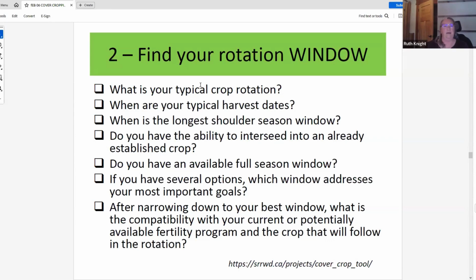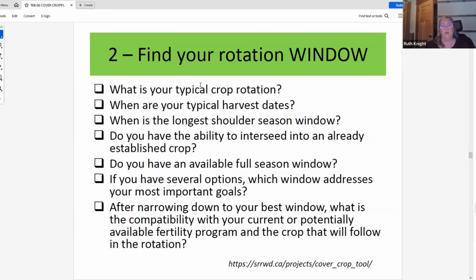And then after narrowing down your best window, is it compatible with your current or potentially available fertility program? So if you need to change up your fertility management, is that available to you? And what is the crop that will follow? When we start to talk about C to N ratios, this becomes a lot more critical.